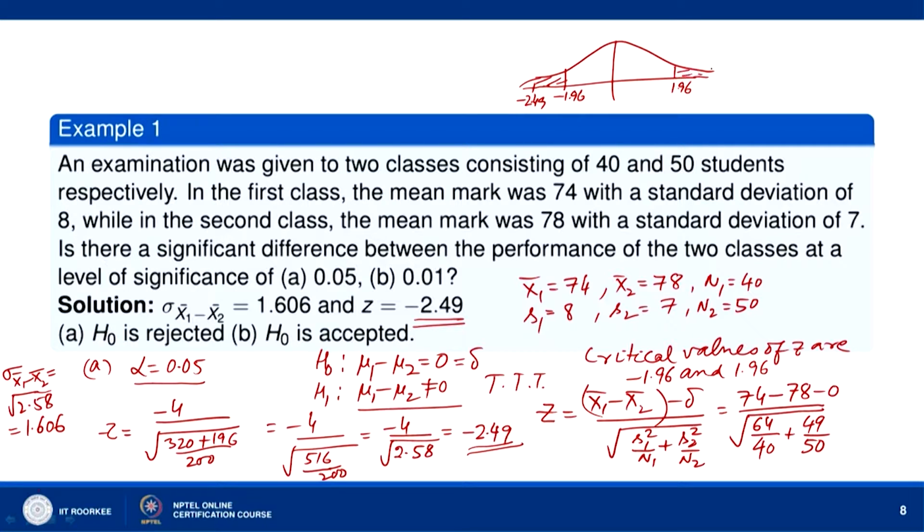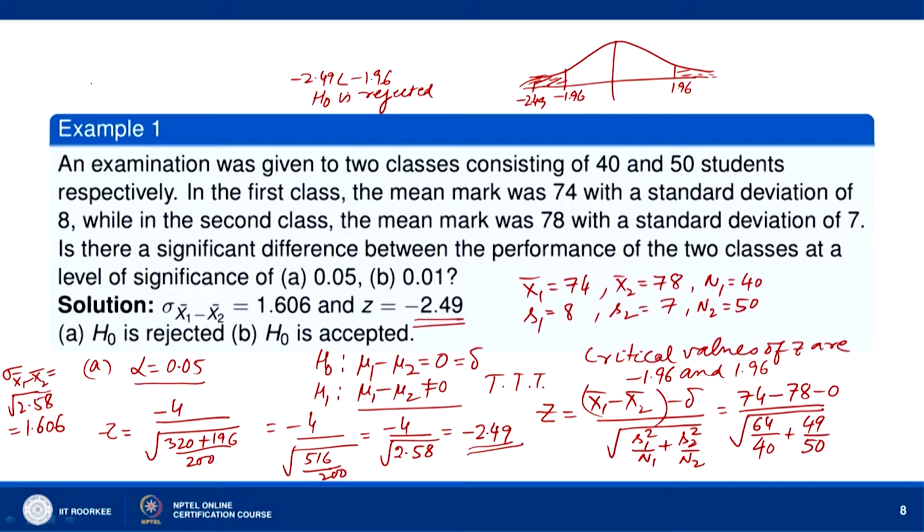Minus 2.49 is less than minus 1.96. Therefore, this is the critical region, so H naught is to be rejected, which means the alternative hypothesis is accepted, that is, there is significant difference between the two classes.